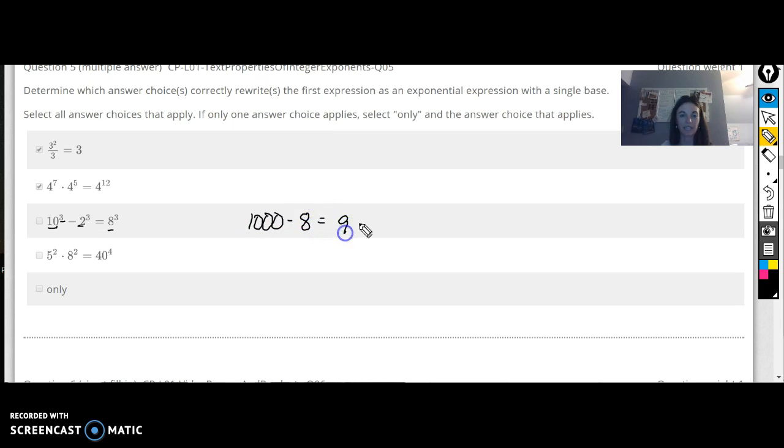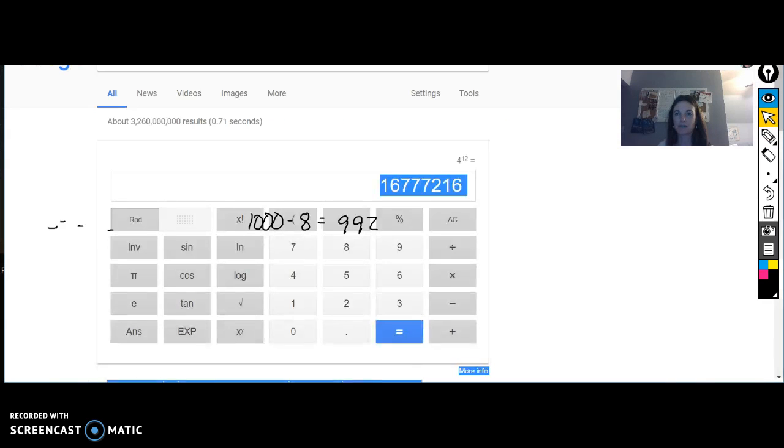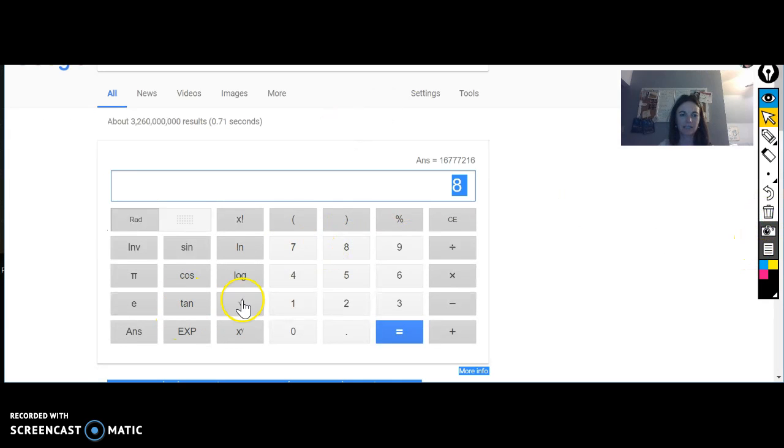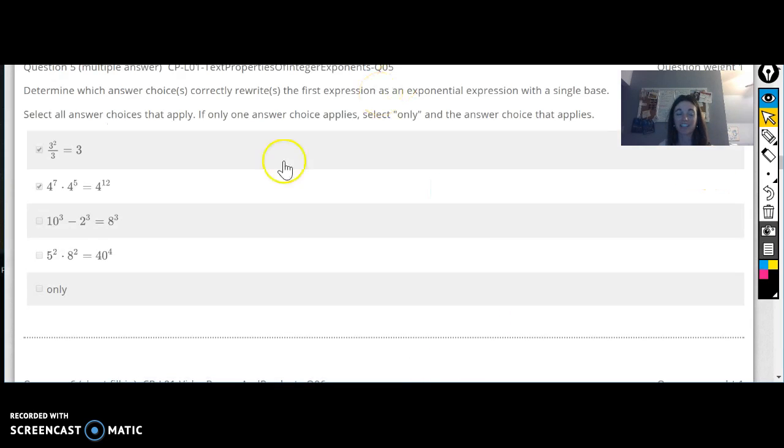So that would equal 992. So I'm going to just check on my Google calculator really quick if 8 to the 3rd is 992. I don't think it is. 8 to the 3rd. Nope, it's 512. So good thing I checked, so I can know for sure that that doesn't equal.